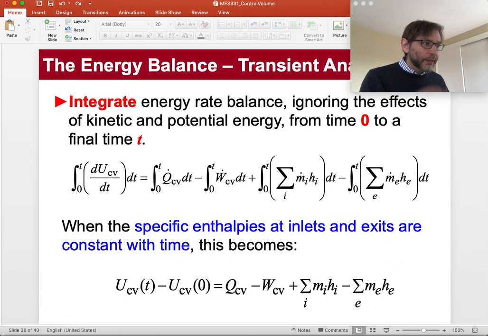Now the next thing we have to think about is what happens with the energy balance, or the first law. So we're going to take the same kind of approach. You'll take the change of energy, which is just the dU term.